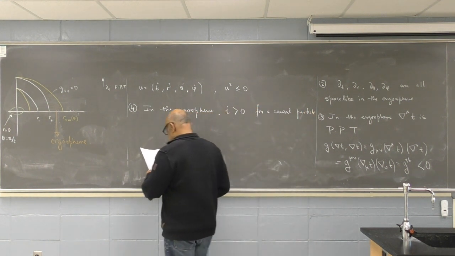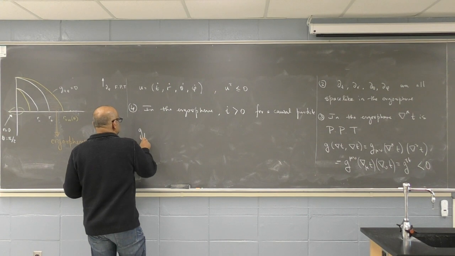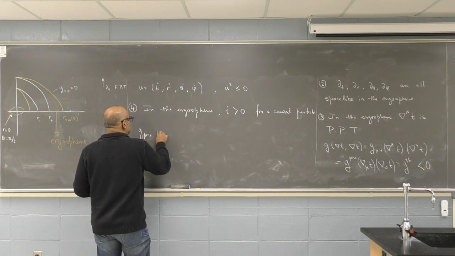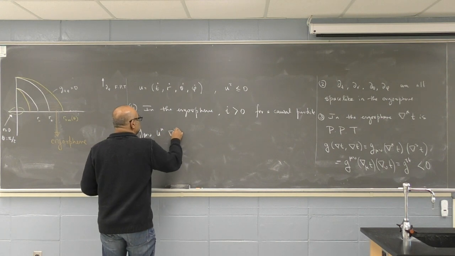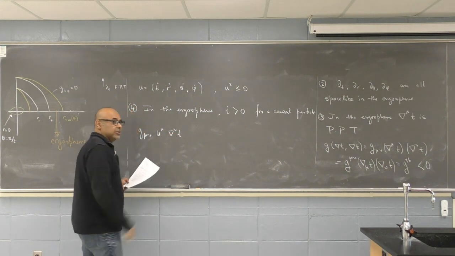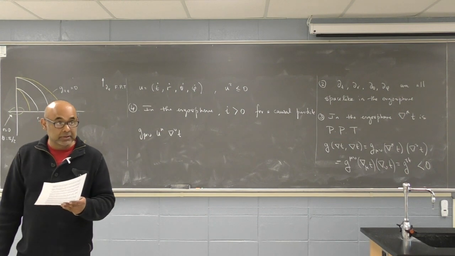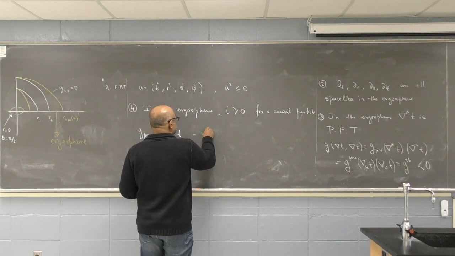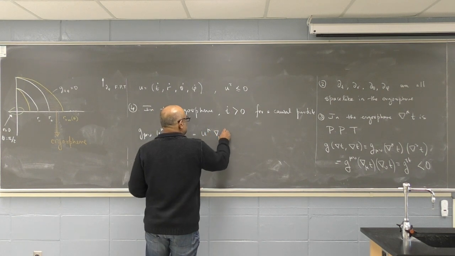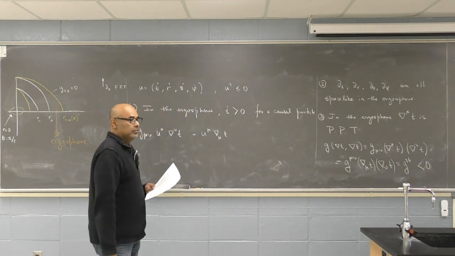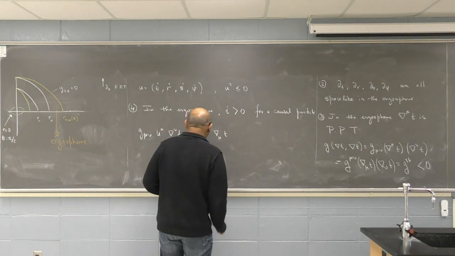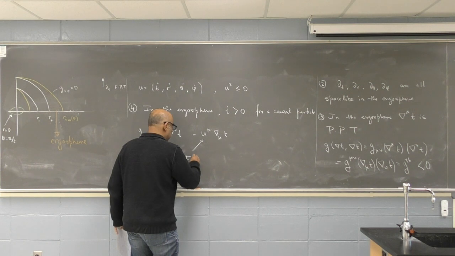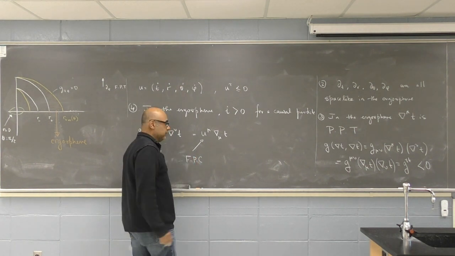Well, that's easy. What I'm going to do is g mu nu, u mu. This is the reason I introduced that vector, the gradient of t vector. Once again, this is equal to u mu. Now, this we know is future pointing causal.